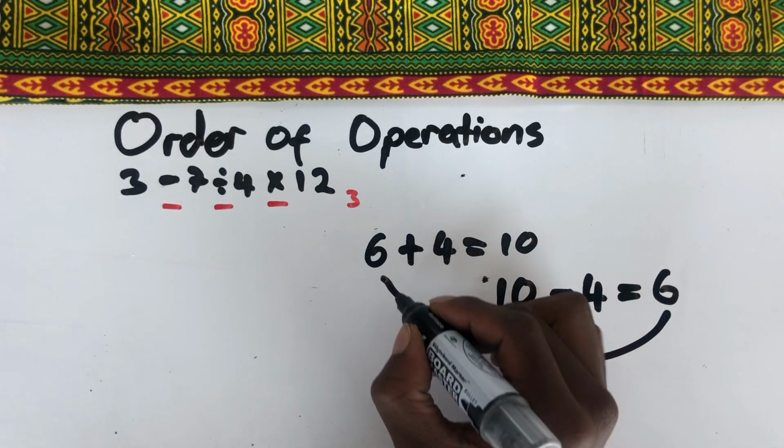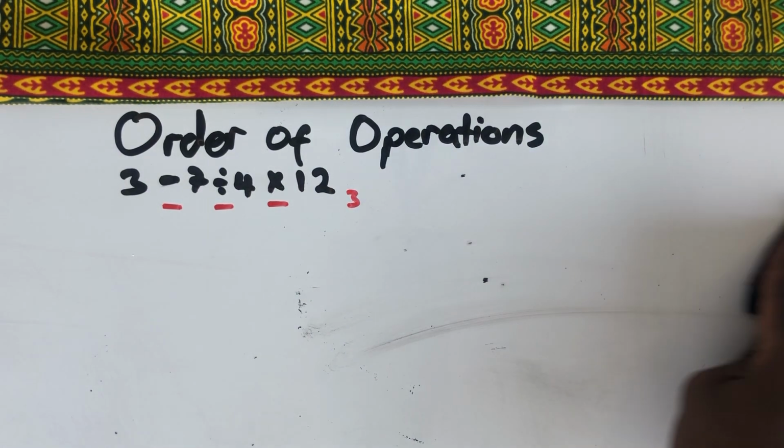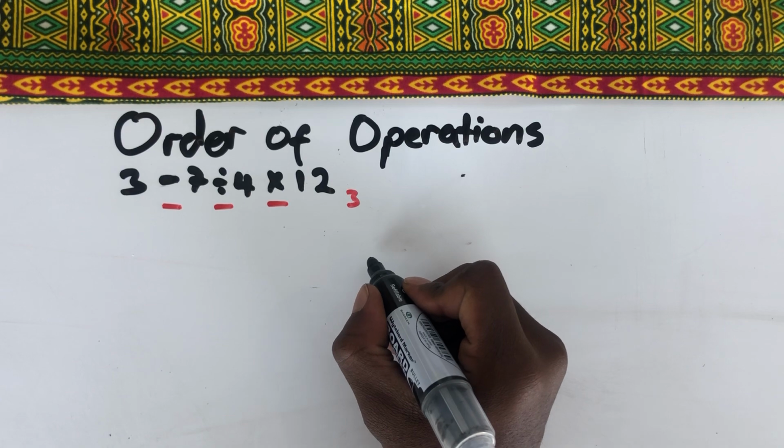As you can see, we've gone right back to where we started again. So division and multiplication undo each other, just as addition and subtraction do. I also said that they reverse each other, so I want you to see what I mean.